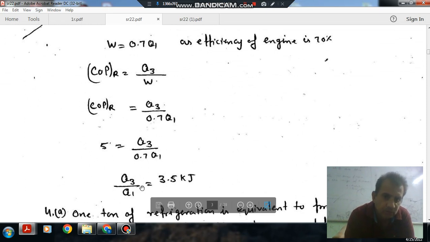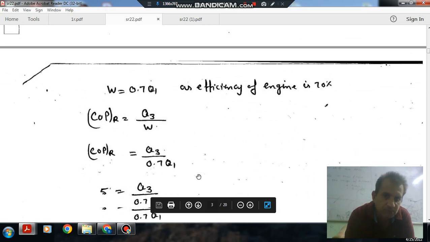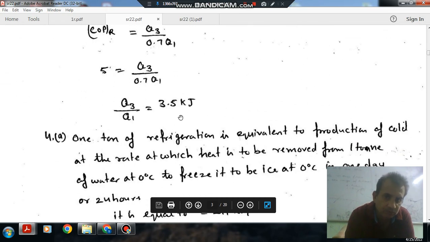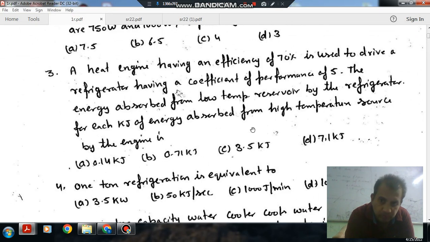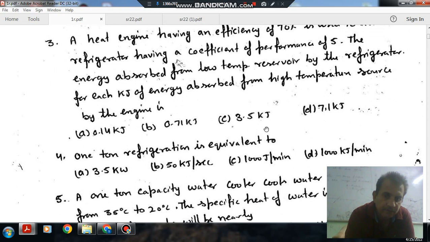So Q3 by Q1 will be 3.5. Sorry, for 1 kilojoule of energy absorbed, for Q1 to be 1, then Q3 should be 3.5 kilojoule. So option C is right.